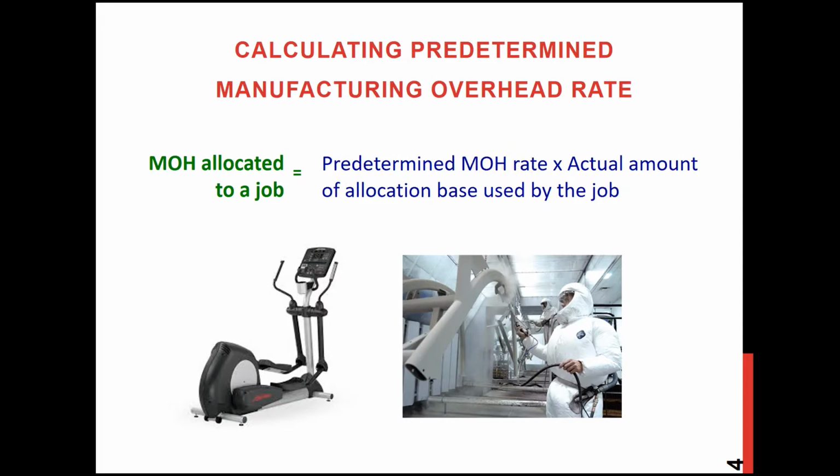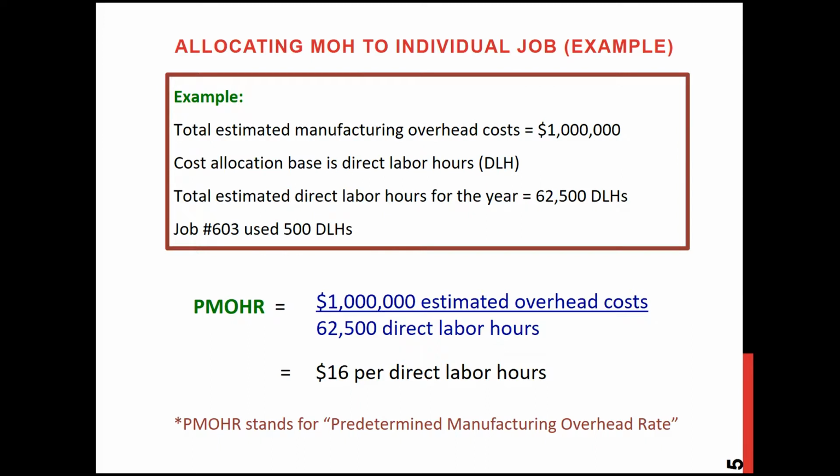Now let's see one example, then I believe you will feel much better. For example, the total estimated manufacturing overhead cost is $1 million and they decided that the allocation base is direct labor hours. Remember, allocation base means some sort of cost driver which will drive the cost, and it's up to the company whatever allocation base they want to consider.